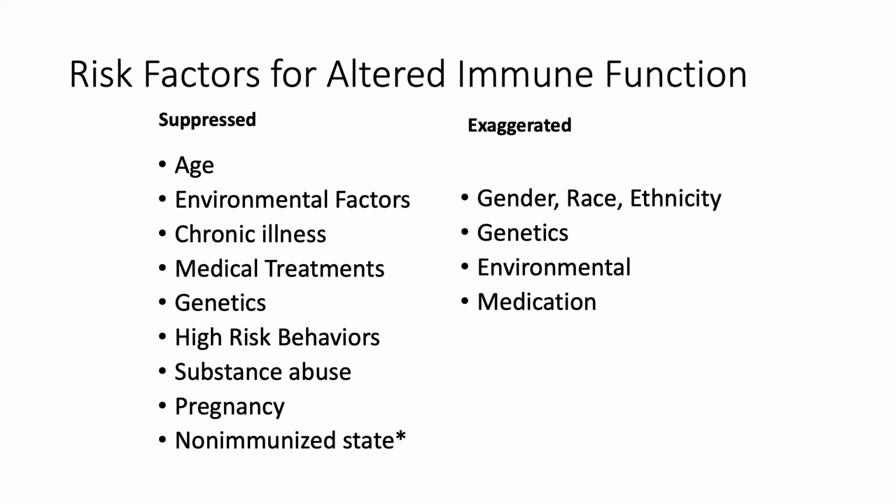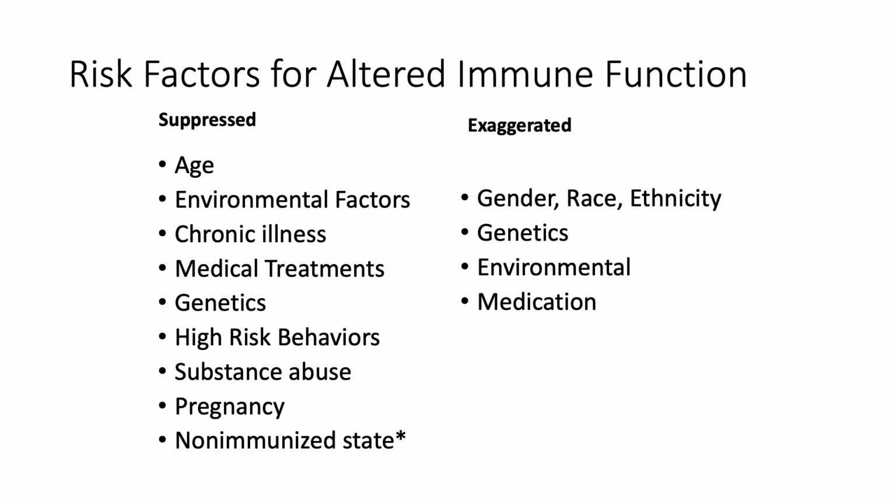The risk factors for altered immune function include age, so of course the very old and the very young. Environmental factors, such as being exposed to different pathogens. Somebody with chronic illness is going to have a suppressed immune response. Medical treatments such as chemotherapy can suppress the immune response.